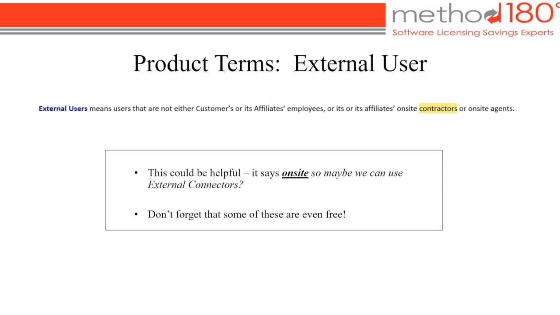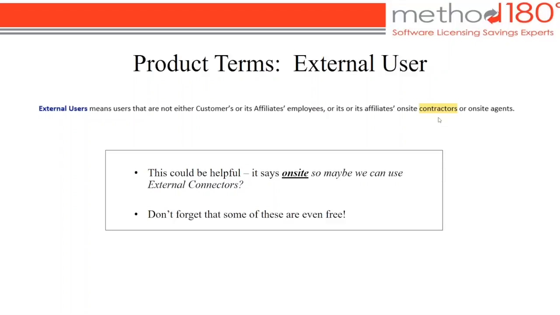So next, we want to see, is there a definition of external user within the product terms? It means users that are not either customers or its affiliates' employees or its affiliates' on-site contractors. Awesome. So it's saying if they're not its on-site contractors, so if they're external contractors, then they're external users. So we can use external connectors, right? The answer is maybe.